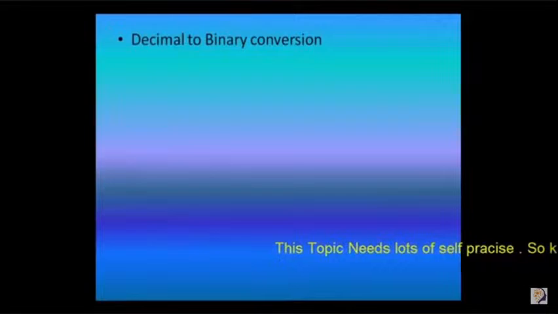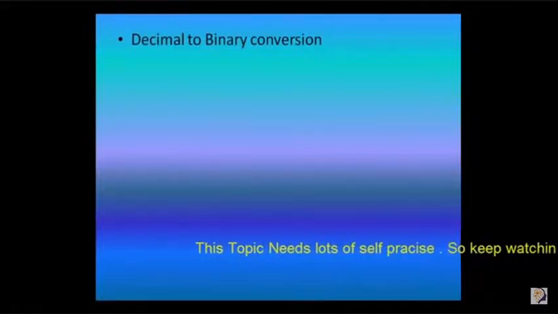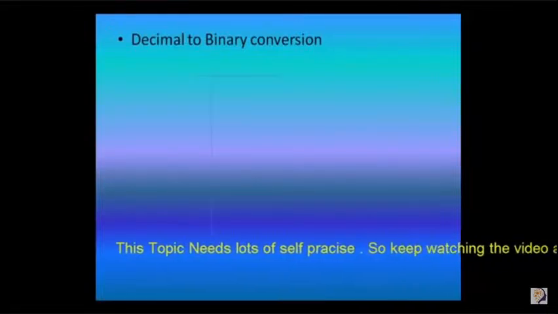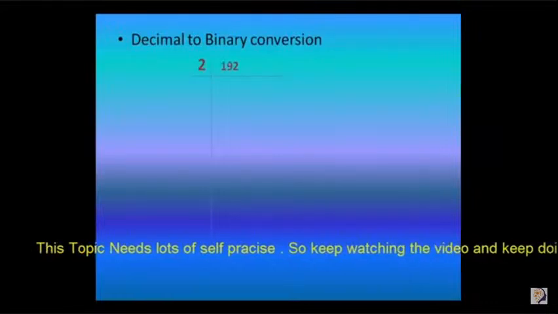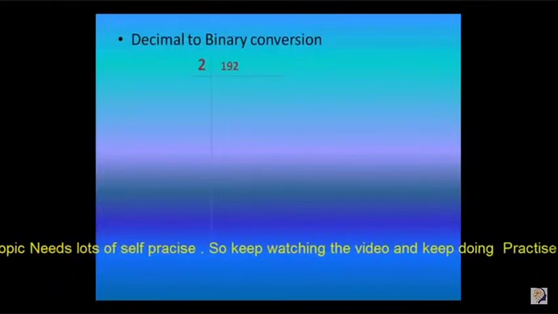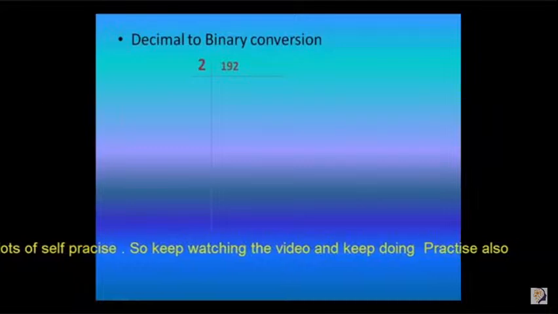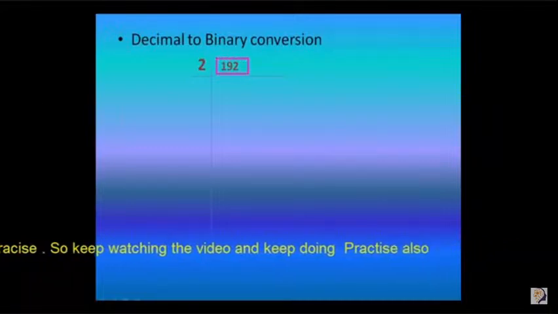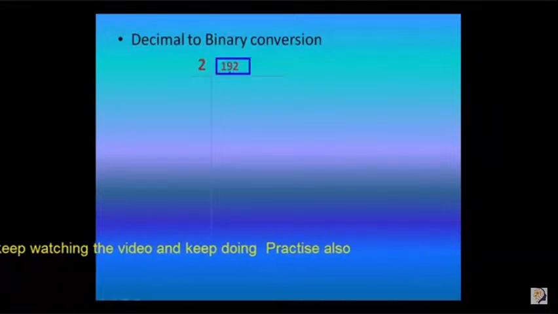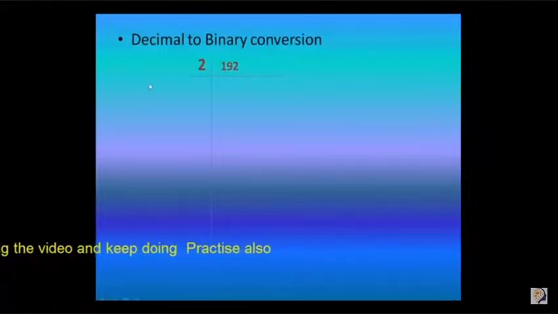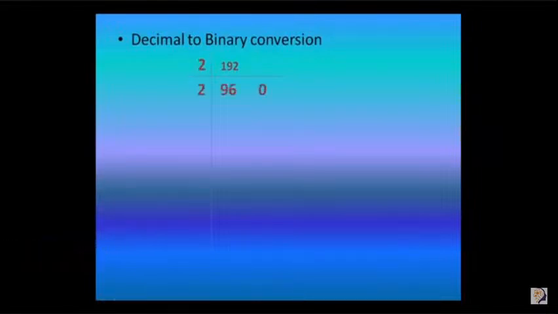I'm not going to take much time because I expect that you all know, but still for ease, I'm taking a few examples. I have taken the decimal number 92 and I want its binary number. So what do I do? I divide by 2. Divided by 2, then 96, remainder 0.